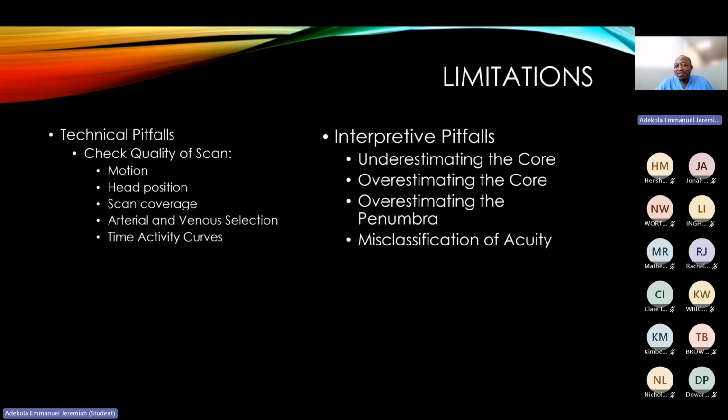So when we are looking at CT perfusion, what are the pitfalls we need to be aware of? If the patient is moving their head quite often, it could lead to multiple spikes on the curve. And also the way the scan is done, our radiographers need to be good with it. If they are not good with it, it's likely that they will be giving us a false result.